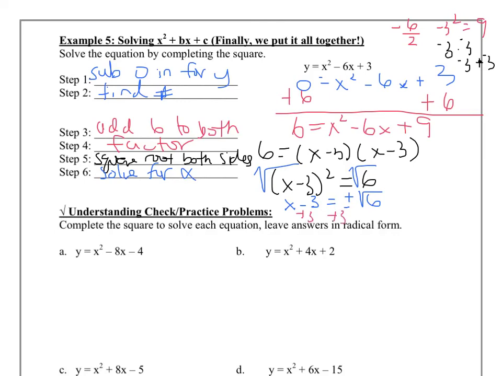So now my answer becomes x is equal to 3 plus or minus the square root of 6. Okay? So remember that this is actually 2 answers. It's x is equal to 3 plus the square root of 6, and x is equal to 3 minus the square root of 6. Okay?